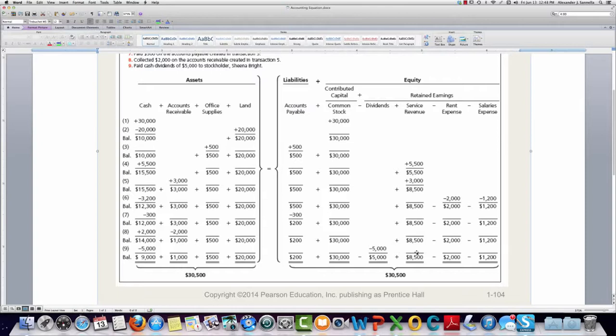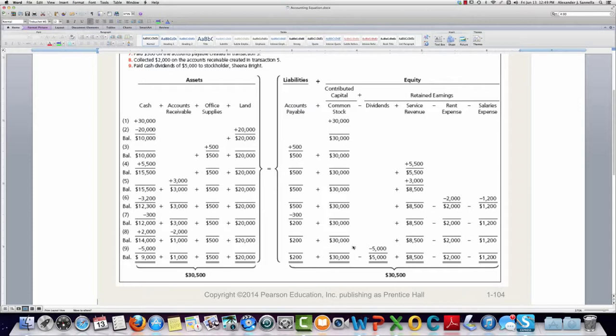So cash is going to be $9,000. Accounts receivable, $1,000. Office supplies are going to be $500, and land is $20. Also on the balance sheet, we have accounts payable of $200.